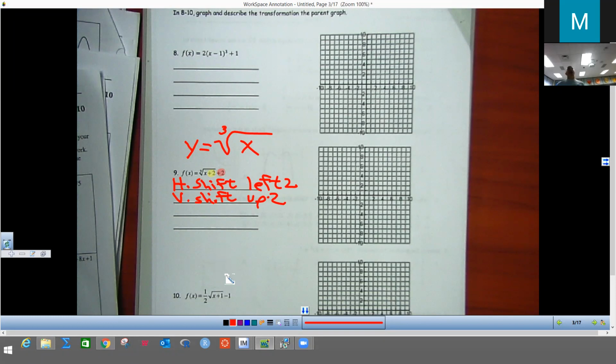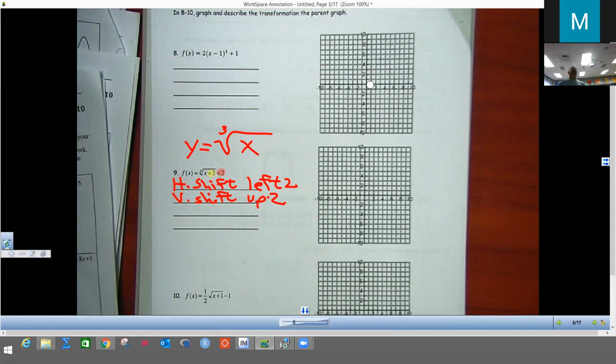Now you are not supposed to graph this, but I want to show you what that graph looks like up here. It's a walk like an Egyptian graph. So it goes through (-1, -1), (0, 0), (1, 1). And if you put 8 in here, the cube root of 8 is 2, so it goes through (8, 2). Oops, wait a minute.